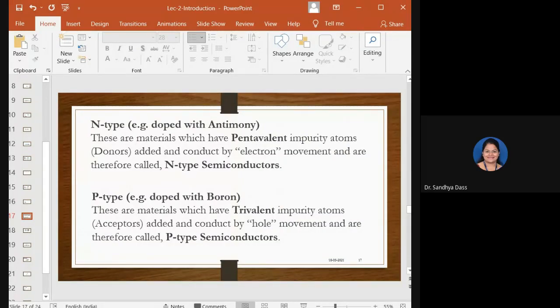In P-type, these are the materials which have trivalent impurity atoms, right? We also call them acceptors, and they conduct by hole movement and are therefore called P-type semiconductor materials, right? So in P-type materials, the acceptors are negatively charged. There is a large number of holes. That means for a small number of free electrons, there is a large number of holes in comparison.